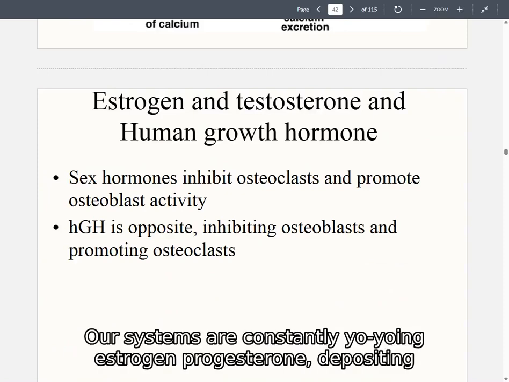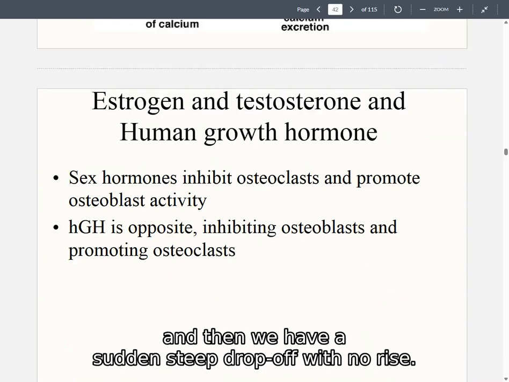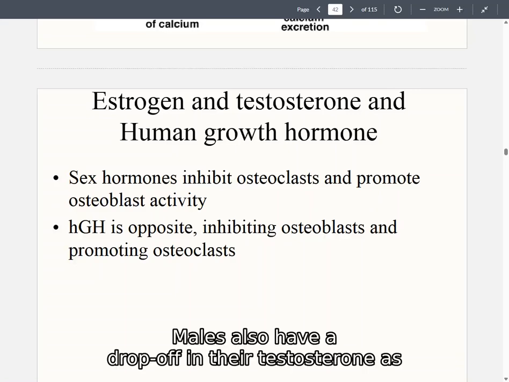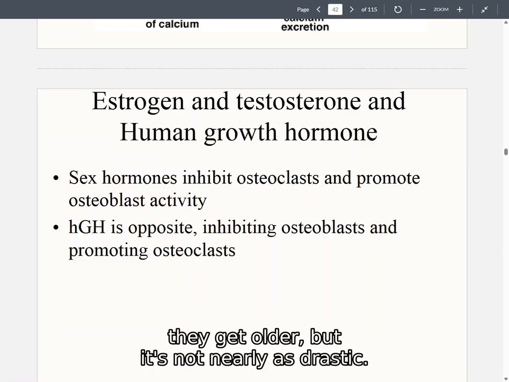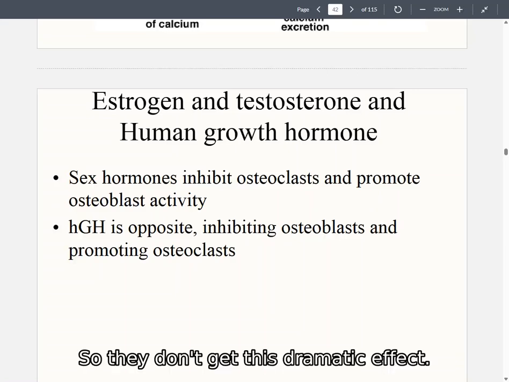Our systems are constantly yo-yoing estrogen, progesterone, depositing bone, creating bone, and then we have a sudden steep drop-off with no rise. Males also have a drop-off in their testosterone as they get older, but it's not nearly as drastic. So they don't get this dramatic effect.